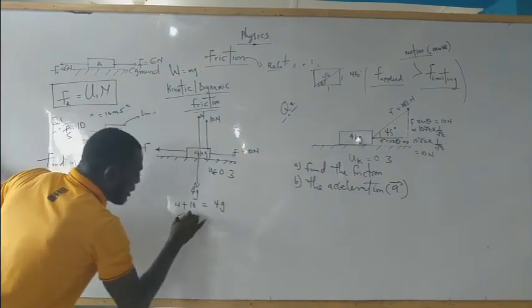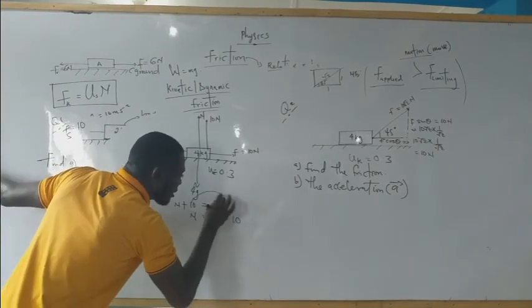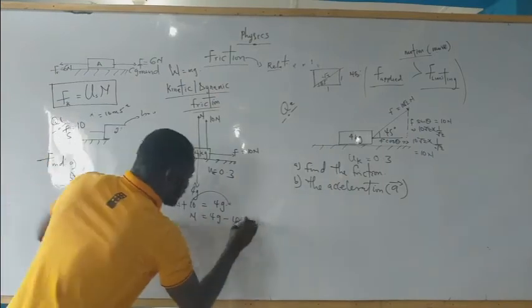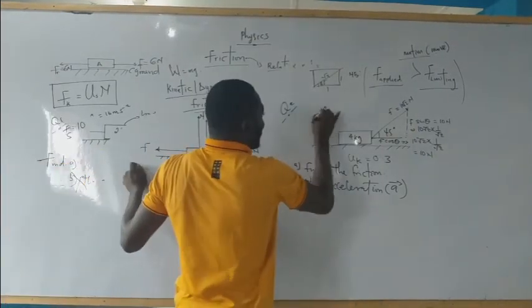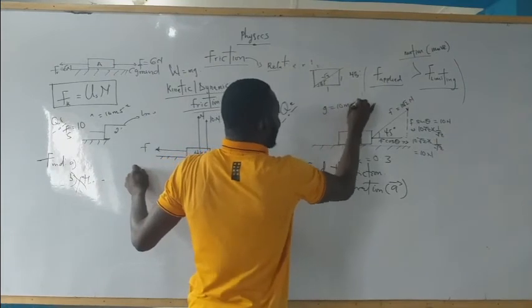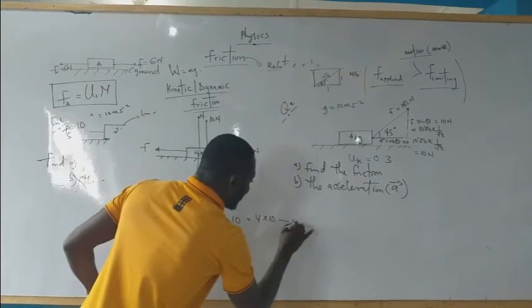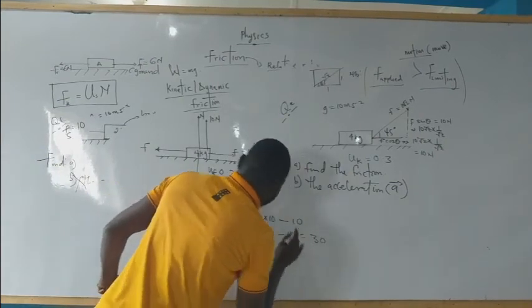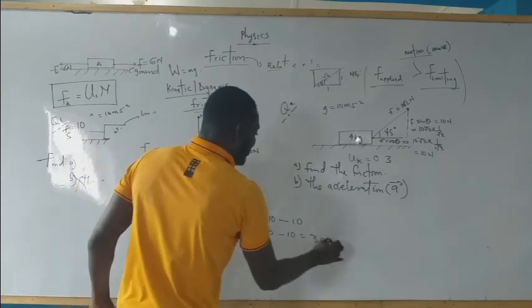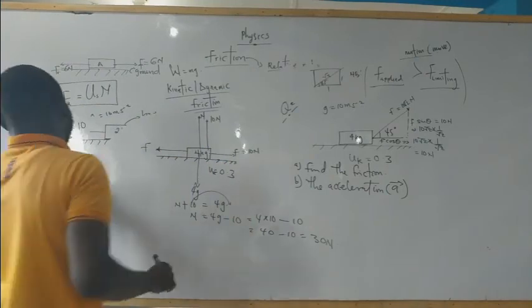So N equals 4G minus 10, which is 4 times 10, G being 10 meter per second square, minus 10. That will give you 40 minus 10 equals 30 Newton.